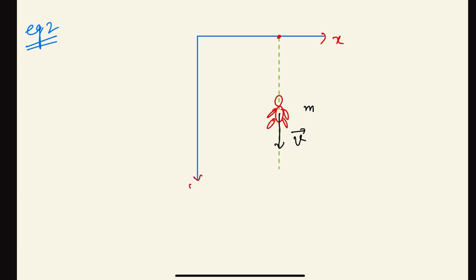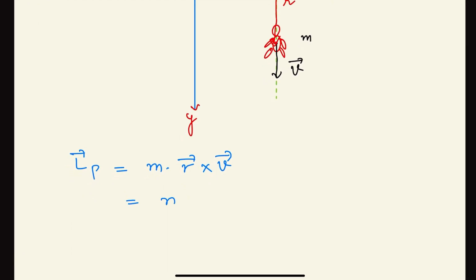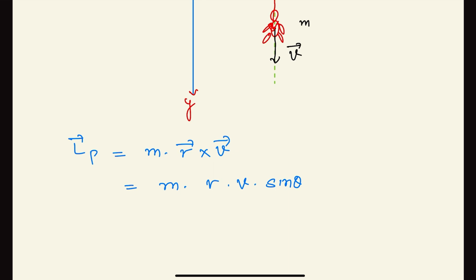This is my x-axis, this is my y-axis, this is my point P. Now I want to calculate the angular momentum of this penguin with respect to point P. The angular momentum with respect to point P will be m times r cross v, which is m r v sine of theta, where theta is the angle between the r vector and velocity vector.